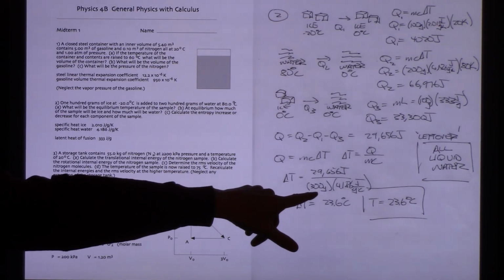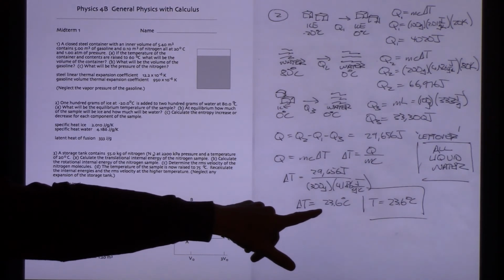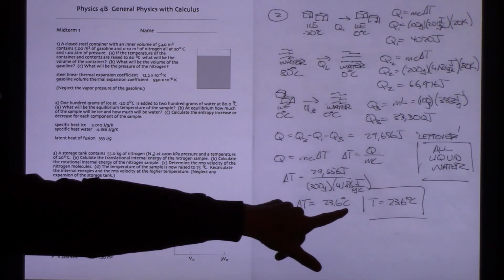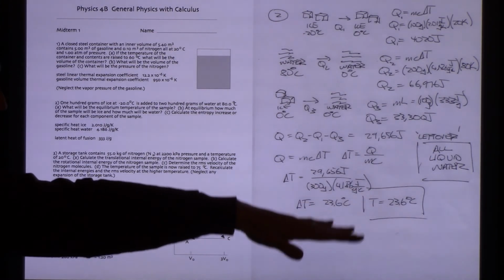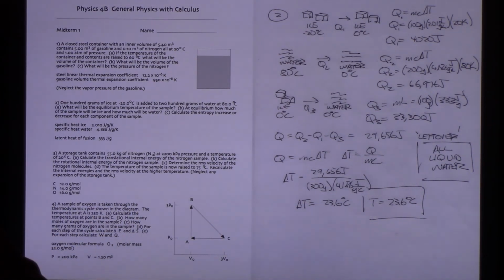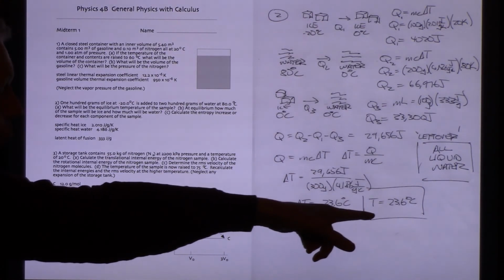And so now it's a total of 300 grams, and when I calculate how much I can raise the temperature with that amount of heat, it's 23.6 Celsius. So since we started at 0, that means the final temperature is 23.6 degrees Celsius, and we have melted all the ice. So the sample is 100% liquid water.